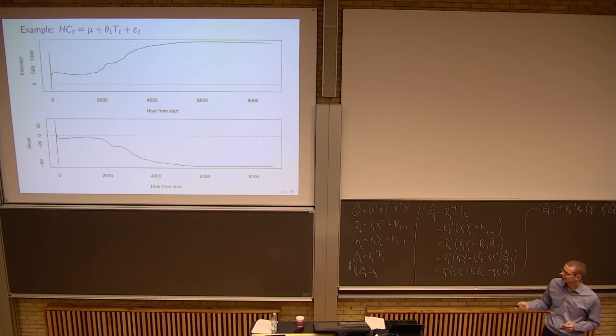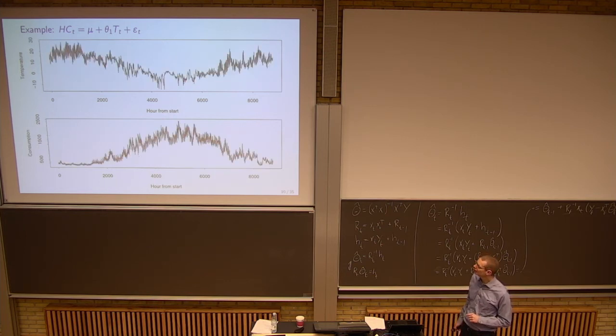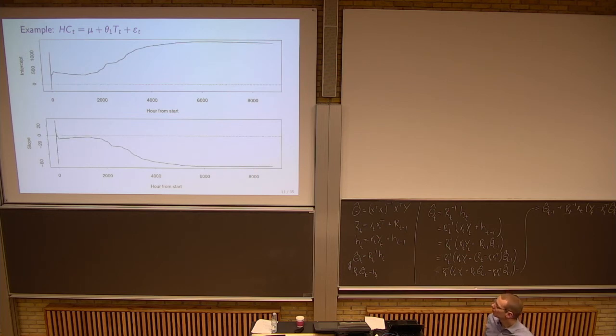So that makes sense. Initially, there's a very small slope because it really doesn't matter. And then at the end, it increases. Now, what is the problem here? Can you see that? The data we have here is for a full year, starting somewhere, I think, around May or June. What is the problem here?